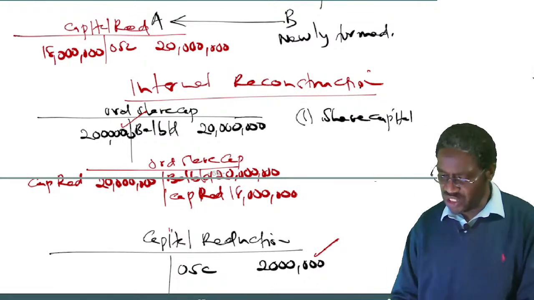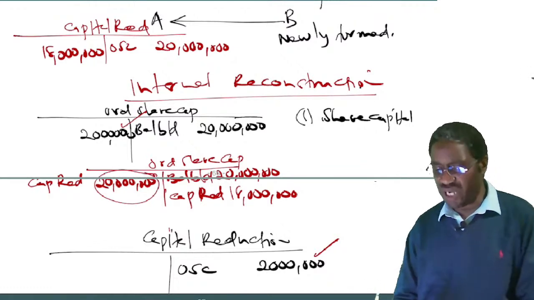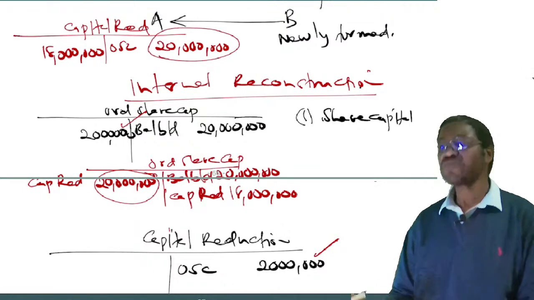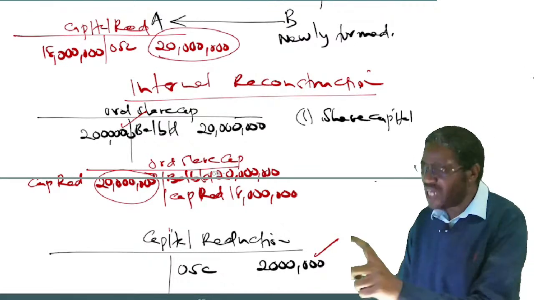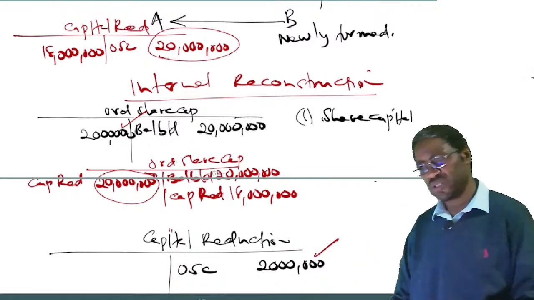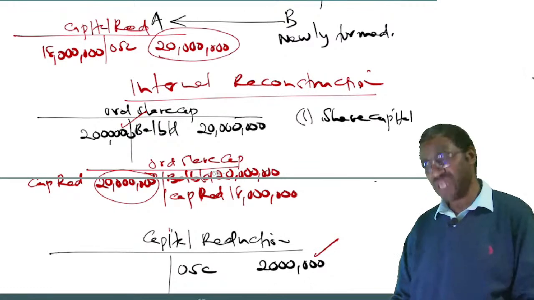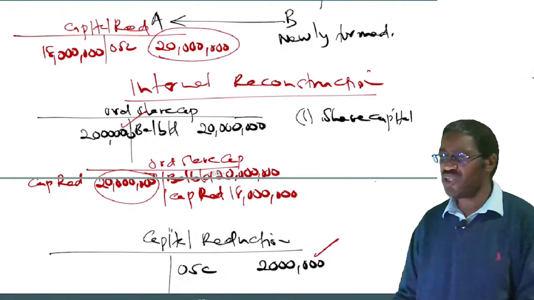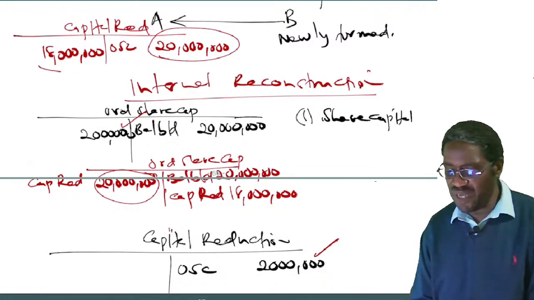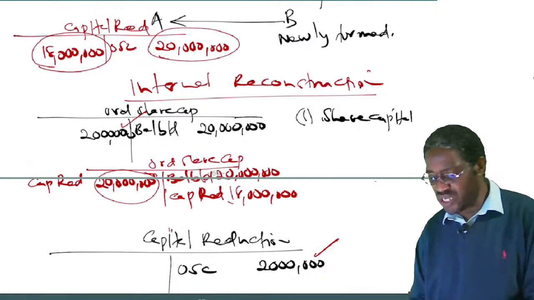So you go to the share capital, you debit it, and you credit capital reduction by 20 million. Then with the nominal value of the new shares issued, which we are assuming is 2 million times 9, that comes to 18 million, you debit capital reduction and you credit share capital.